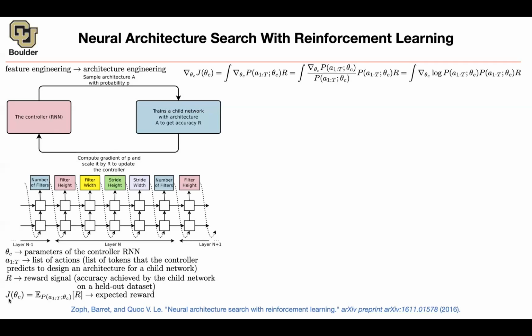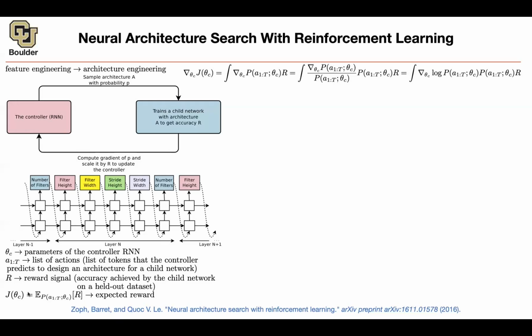Let's see. This J function is a function of the parameters of your RNN. You want to take its derivative with respect to the parameters, and that's this term that you're writing here. This expectation is going to give you an integral of R times P, and then we know that the gradient we can interchange with the integral under some mild conditions, which are not that serious.